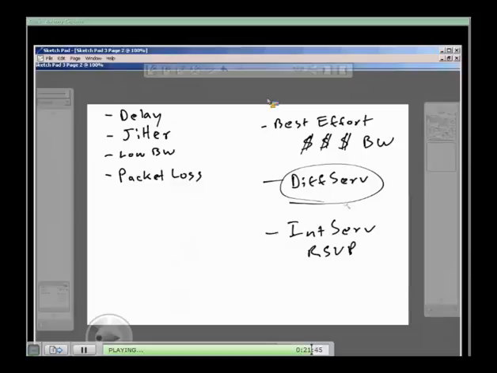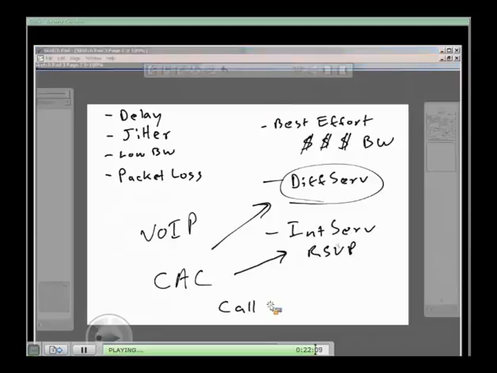But now I do want to add one caveat to that. One of the reasons we still do use integrated services and RSVP in conjunction with DiffServ in VoIP environments is we like to use integrated services RSVP for its CAC functionality. What in the world is CAC? Well, it's call admission control.